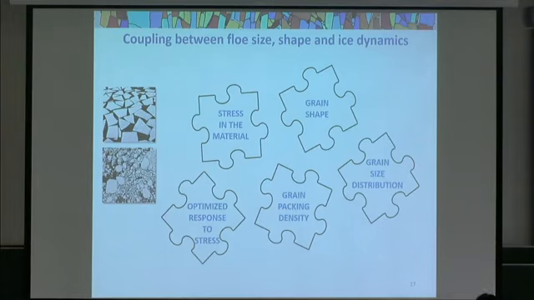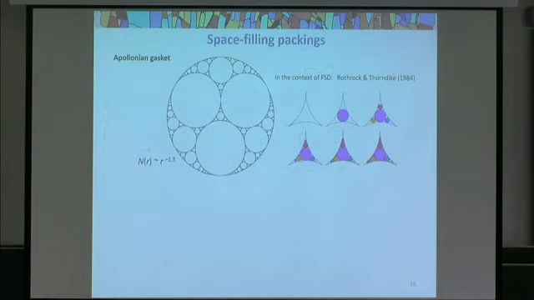And as I said, the elements of this idea are there. Even if when we take the seminal paper on the floe size distribution by Rothrock and Thorndike from 1984, they noticed that ice floes are densely packed on the sea surface.